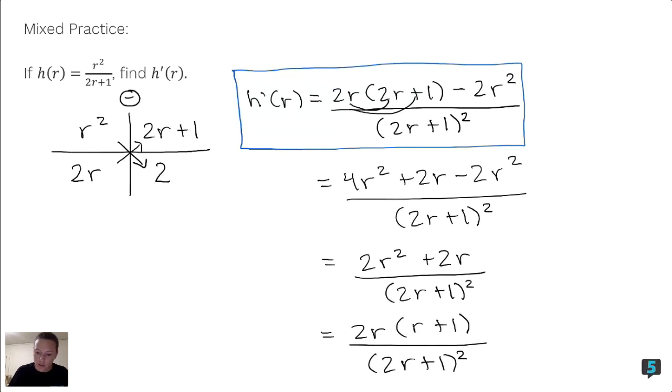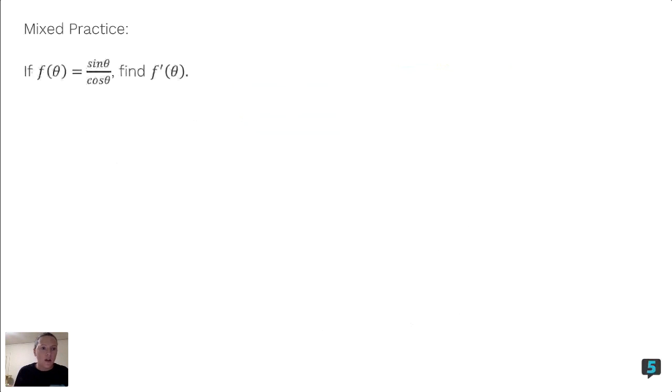Awesome. All right, so here's the next one. We have f of theta equals sine theta over cosine theta, and I want us to find f prime of theta.